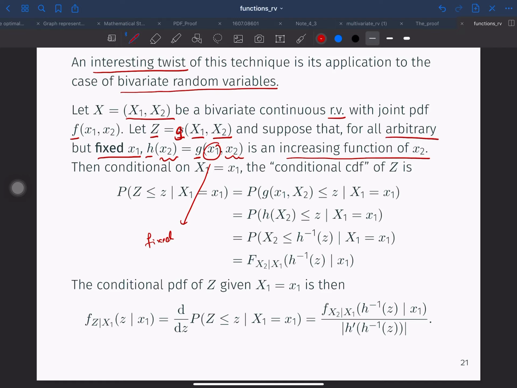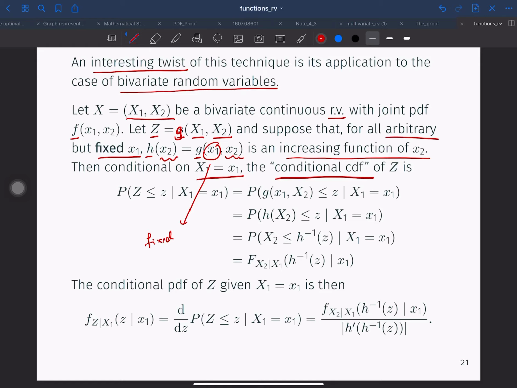So this is conditional on X1 being equal to little x1. Chapter 5 of your textbook talks about the conditional CDF. As a refresher, it is well defined, except that one cannot really condition on X1 equal to little x1 because that is a set of probability 0, but you understand what we mean.